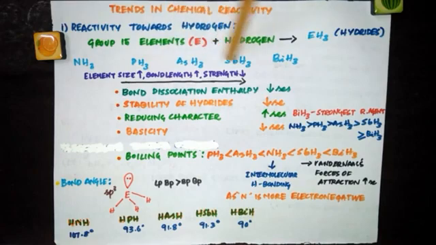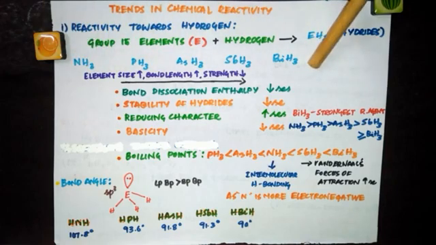So as you move here, the size of the element increases, which means the size of nitrogen is smaller than phosphorus, which is smaller than arsenic, which is smaller than antimony, and then which is smaller than bismuth. Hydrogen is same in all the compounds.